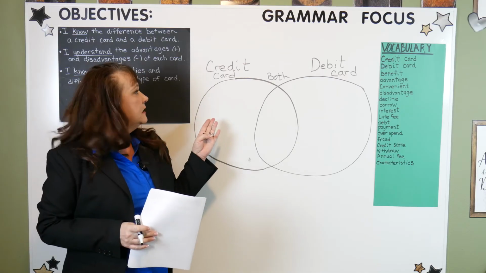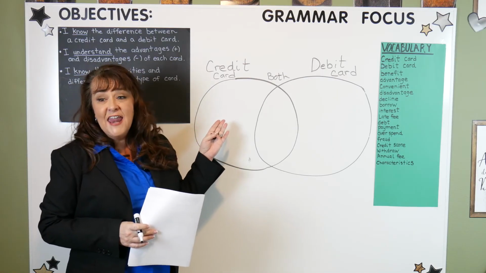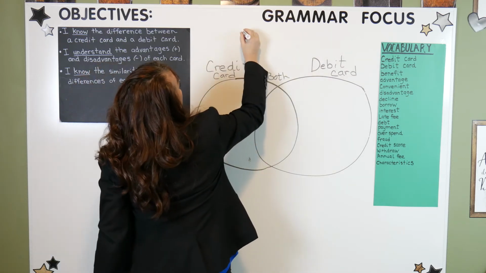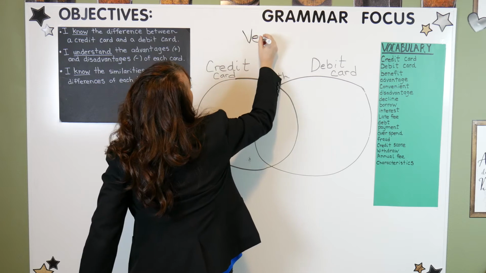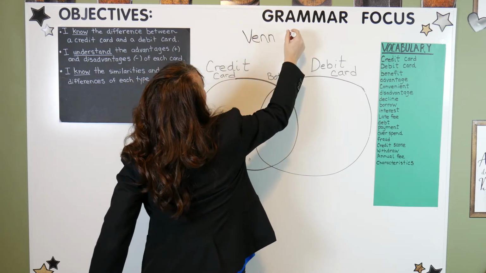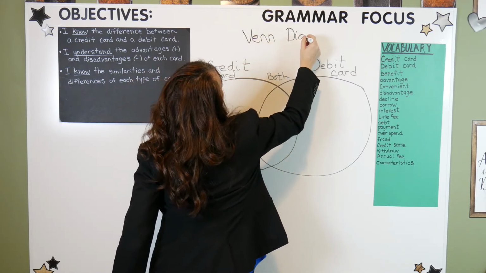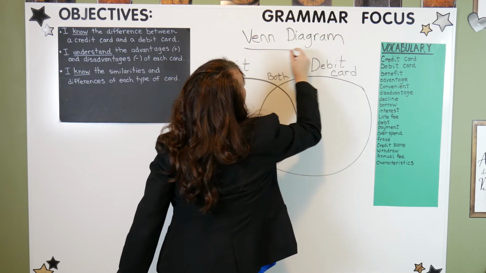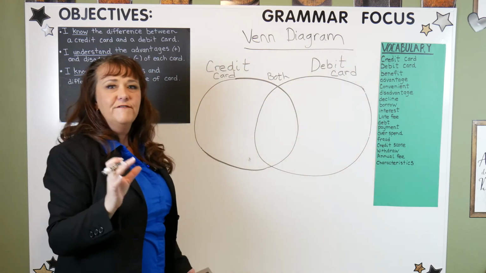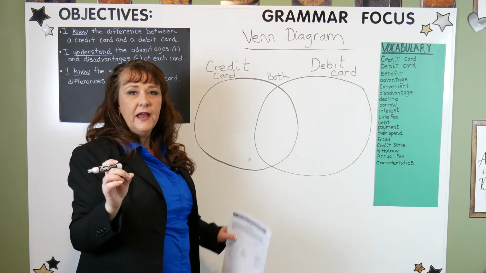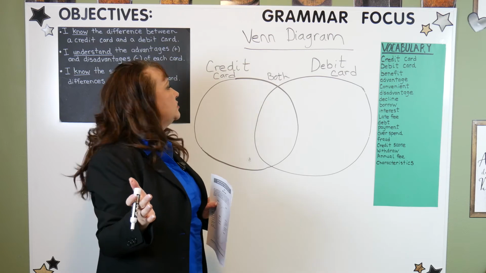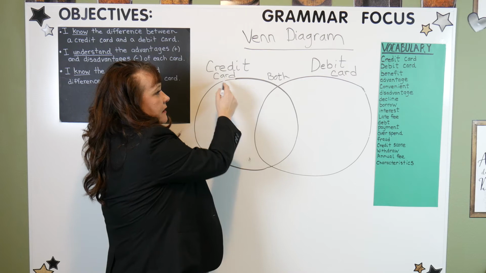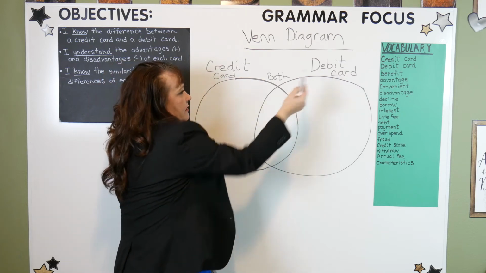So what you see here is what we call a Venn diagram. Here, let me write it. A Venn diagram. We use a Venn diagram when we're trying to compare two different things, like a credit card and a debit card.